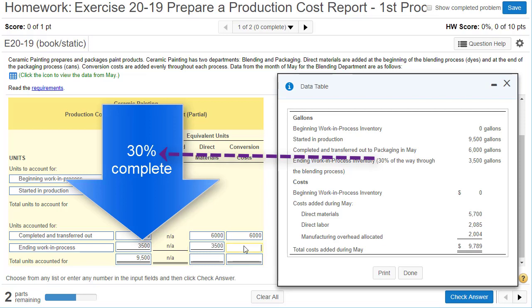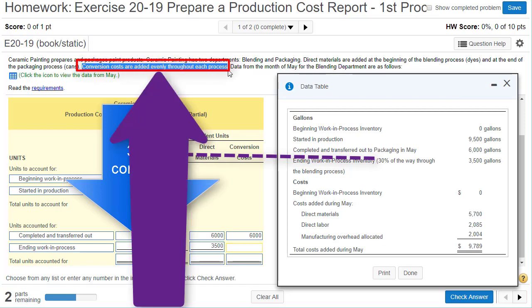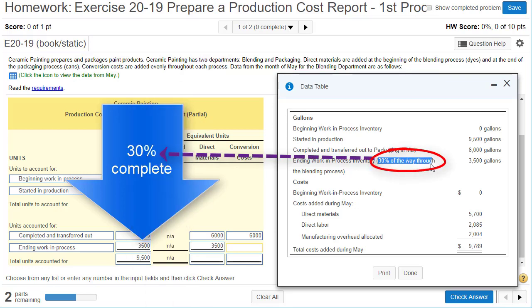Now we can go to the conversion costs. So conversion costs, this is the other key, are added evenly throughout the process. That means these units are 30% complete. That means they have 30% of the conversion costs added to them already.